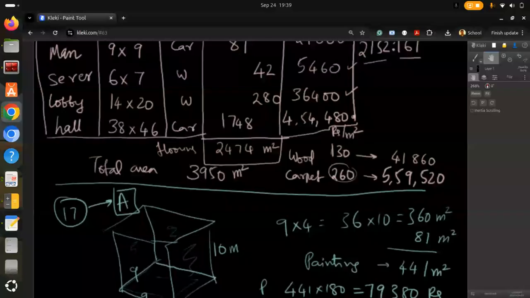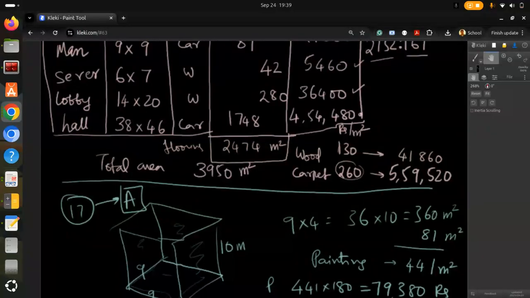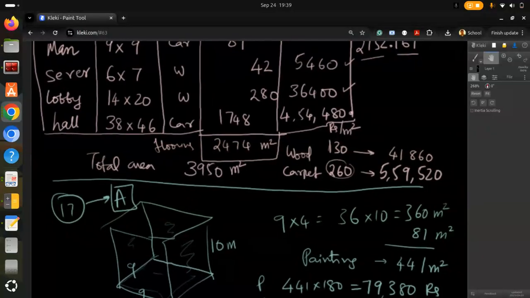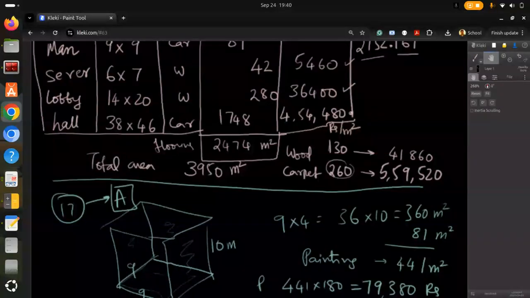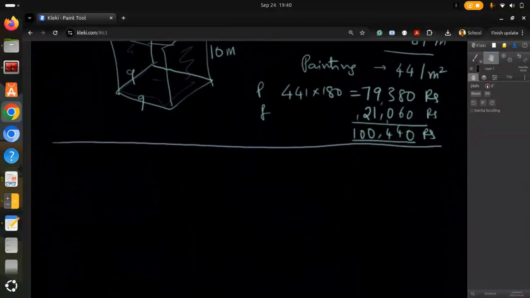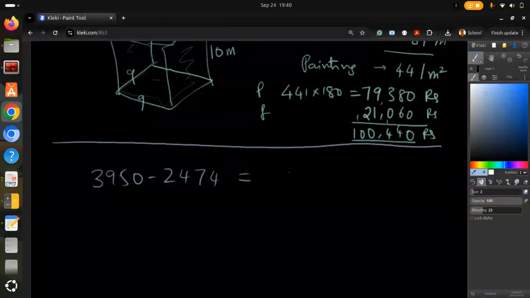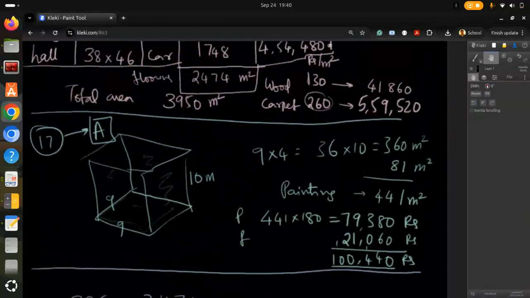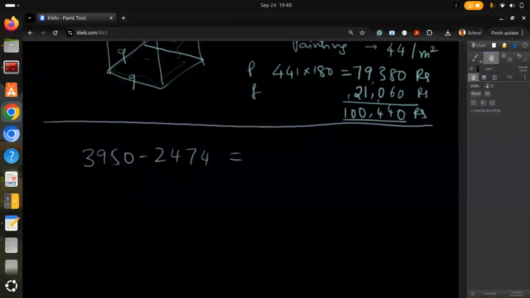So the remaining area will be the difference of these two, 3950 minus 2474. Okay, so let us do that. 3950 minus 2474, that is our answer to the 18th question. Okay, let's do that.